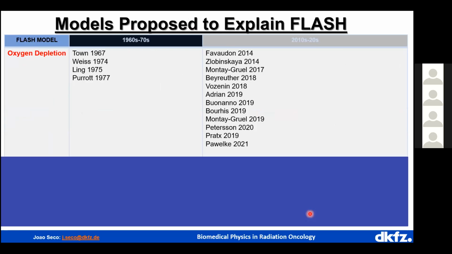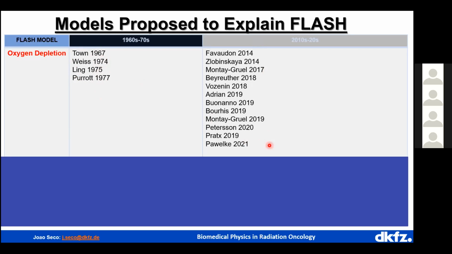Okay, so what is the main model that is used at the moment to explain FLASH? It's called oxygen depletion. Oxygen depletes and the FLASH then ends up being protective. And this was initially proposed in 1967 by the Town paper, and a few other papers came along to kind of substantiate this idea. While in all the studies in the last 10 years, they've all been based on oxygen depletion.